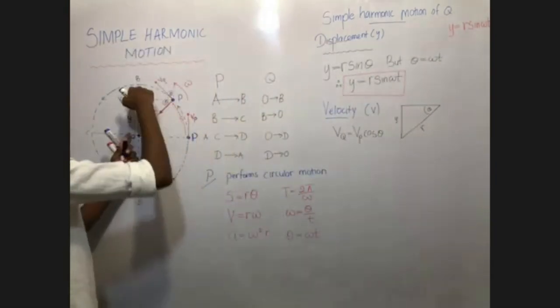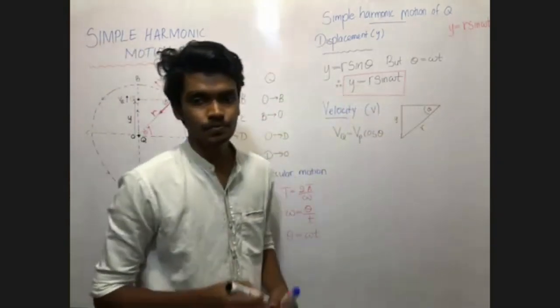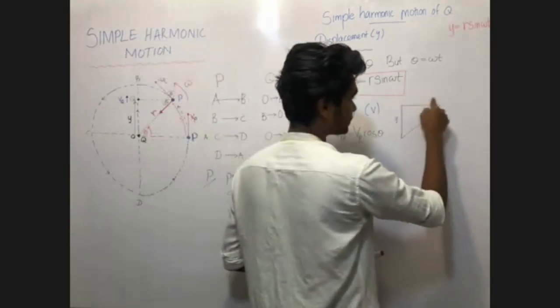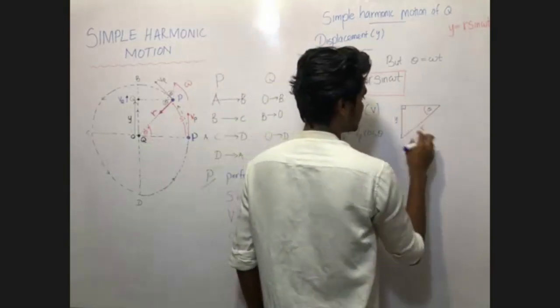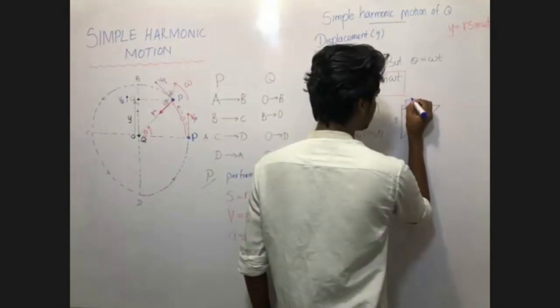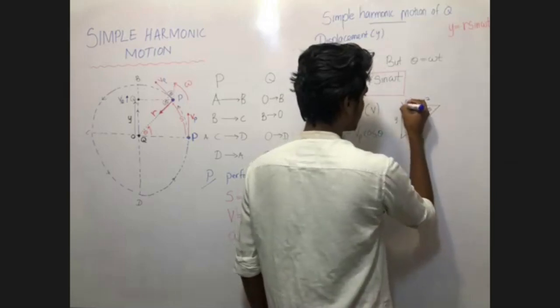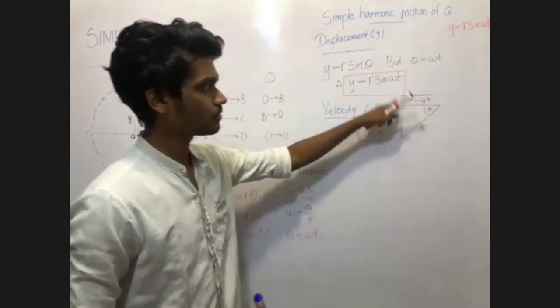So this is R. This is Y. Can't I find this? Pythagoras. Simple, right? Pythagoras. The square root of R squared minus Y squared.